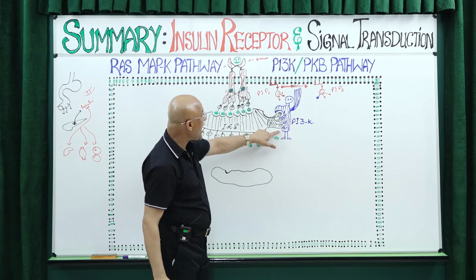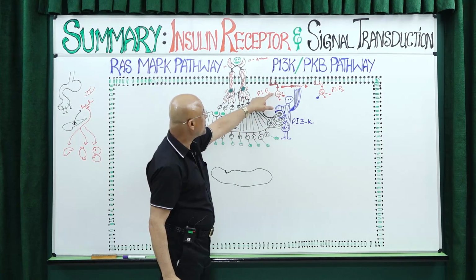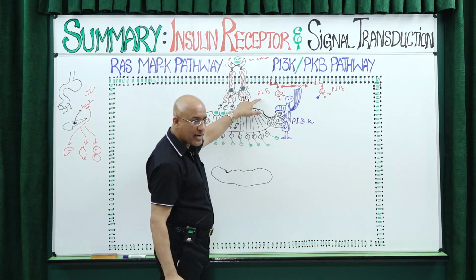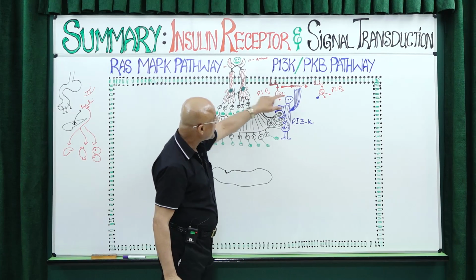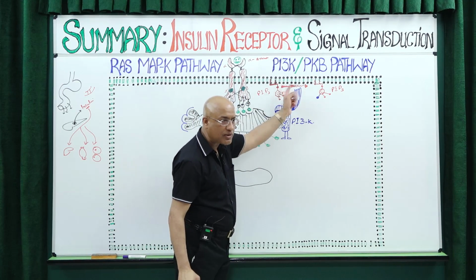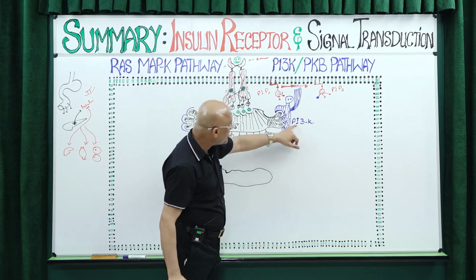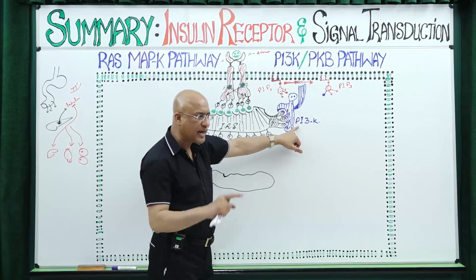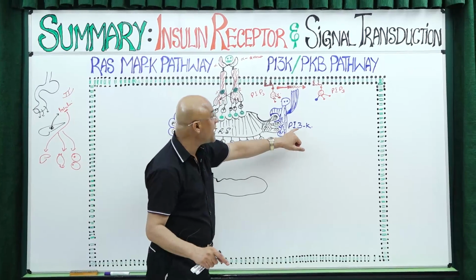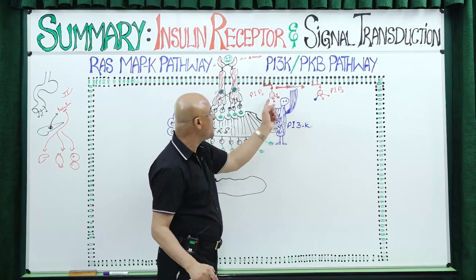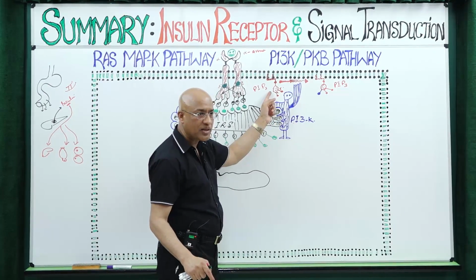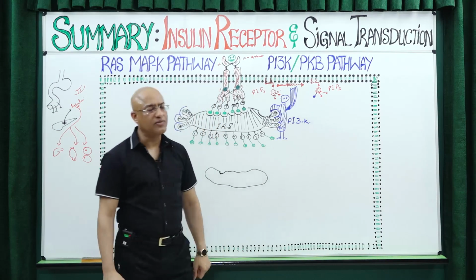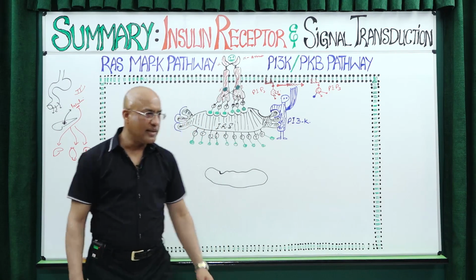Because this enzyme acts on the phosphatidyl inositol product at carbon number 3 and does kinase activity. 4,5 was already there. So its function is to catch the phosphatidyl inositol molecule and do kinase activity at carbon number 3. This was carbon number 3. So this is called PI3K, or phosphatidyl inositol 3 kinase.